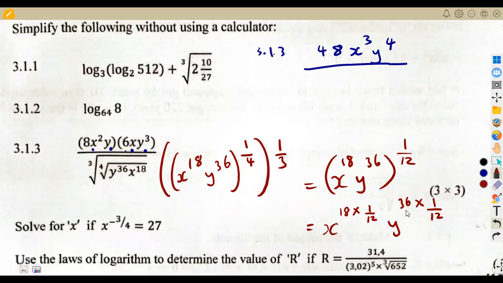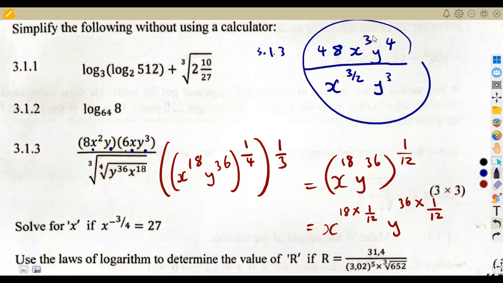Once you are dealing with an exponent versus an exponent, you can multiply them. So if you multiply 18 times 1 over 12, that is going to give us x to the exponent of 3 over 2. 36 times 1 over 12 is going to give us 3. So that's y to the exponent of 3.